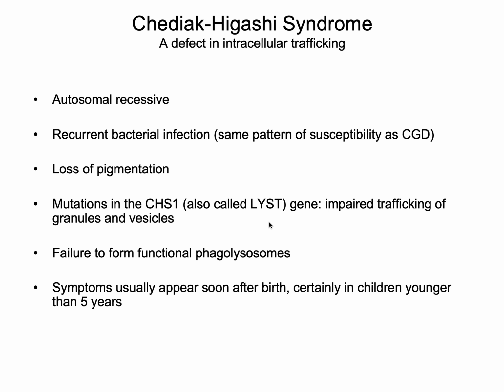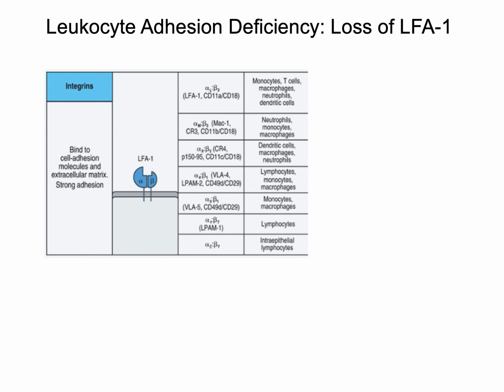And it's a gene that's really important for the trafficking of granules and endosomal vesicles within cells. And so if you lack this gene, or this gene is dysfunctional, you have a failure to form functional phagolysosomes within the cell. These symptoms usually appear soon after birth, certainly in children under 5 years.